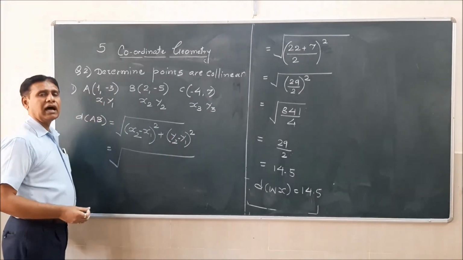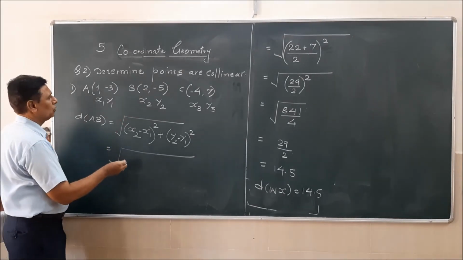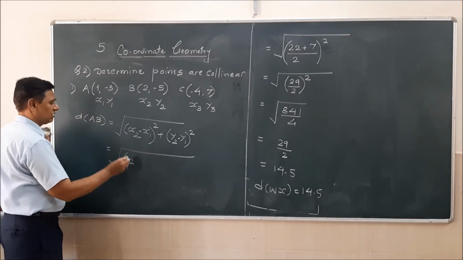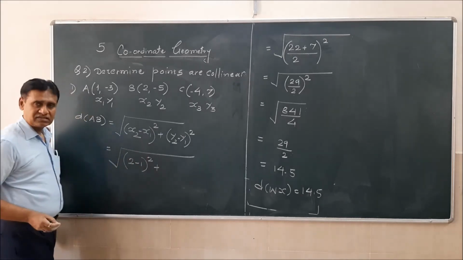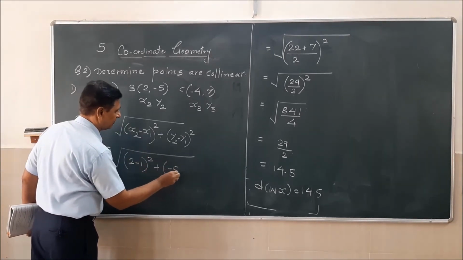As usual, I am going to substitute the values now. The value of x2 is 2. The value of x1 is 1. So 2 minus 1, the whole square, plus the value of y2, which is minus 5.